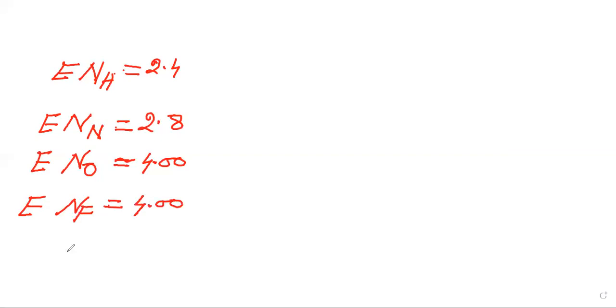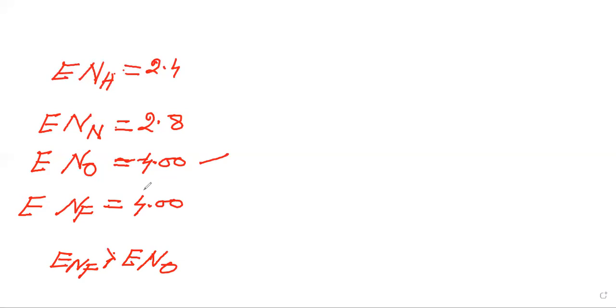So fluorine is the most electronegative atom, and it has higher electronegativity than oxygen. It is approximately 4 for oxygen, but the electronegativity of fluorine is equal to 4.